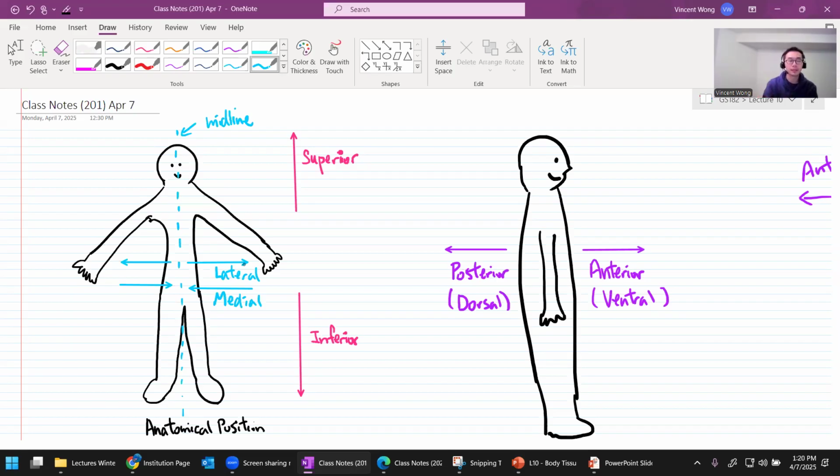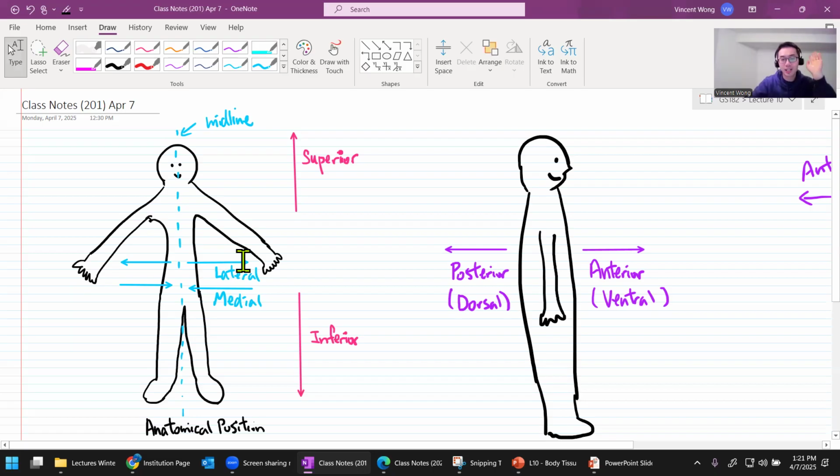What's on the midline? Yeah. The neck is on the midline, right? The belly button is on the midline, right? So all these things are medial. Nothing is more medial than these structures. On the side, yeah, the spine.